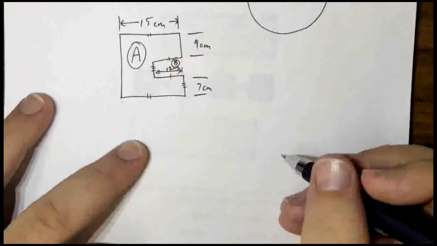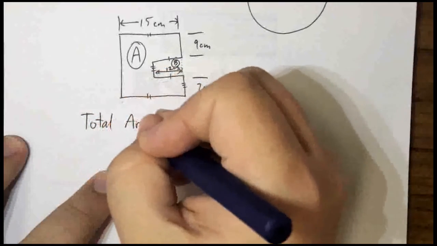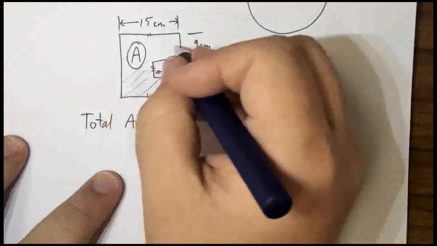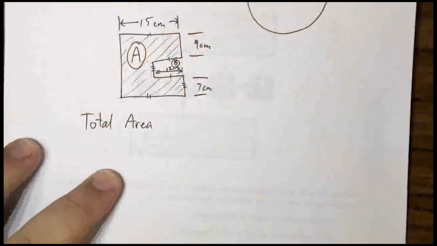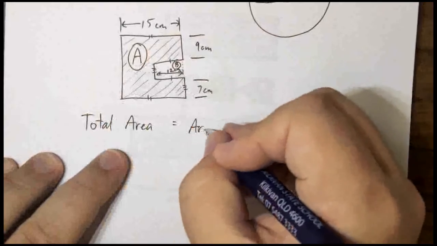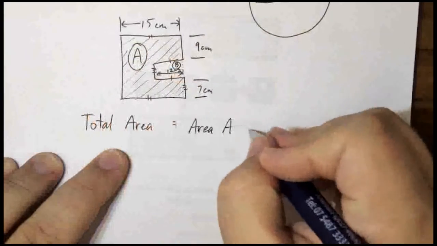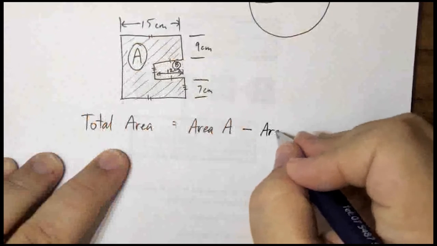So I know that the total area of the bit that I want, this bit here, the shaded part, the total area of the shaded part will be equal to area of part A, that's the whole thing, minus the area of B, which is this cut out bit.